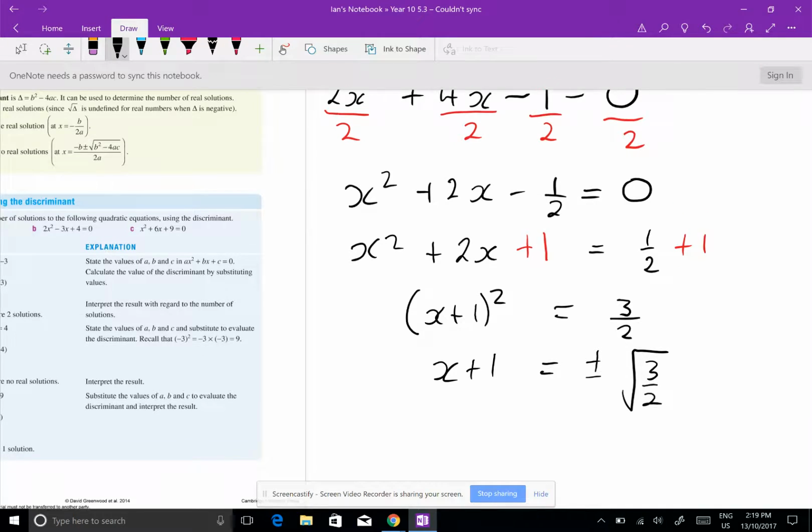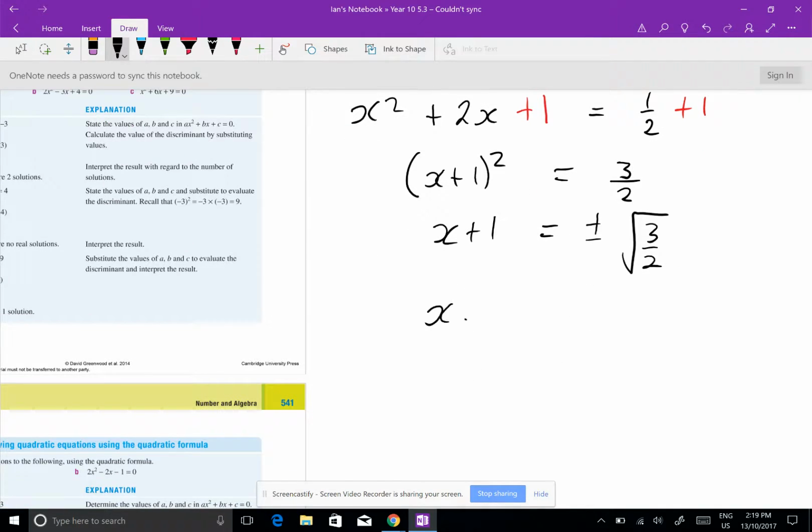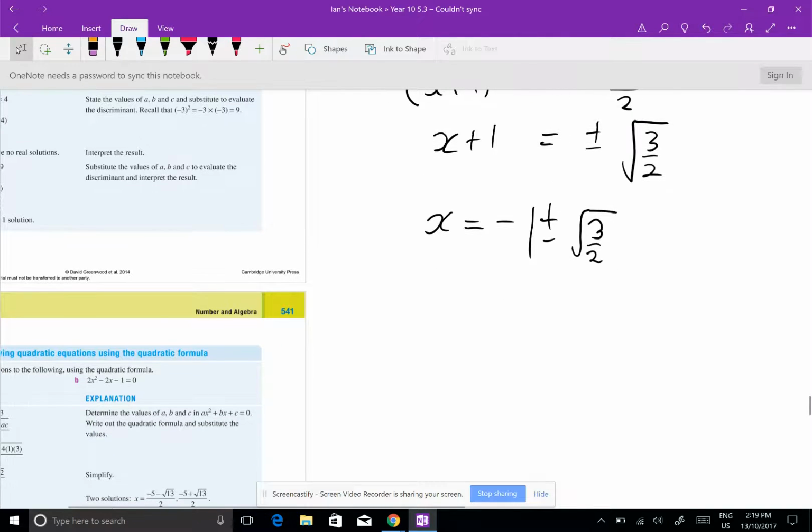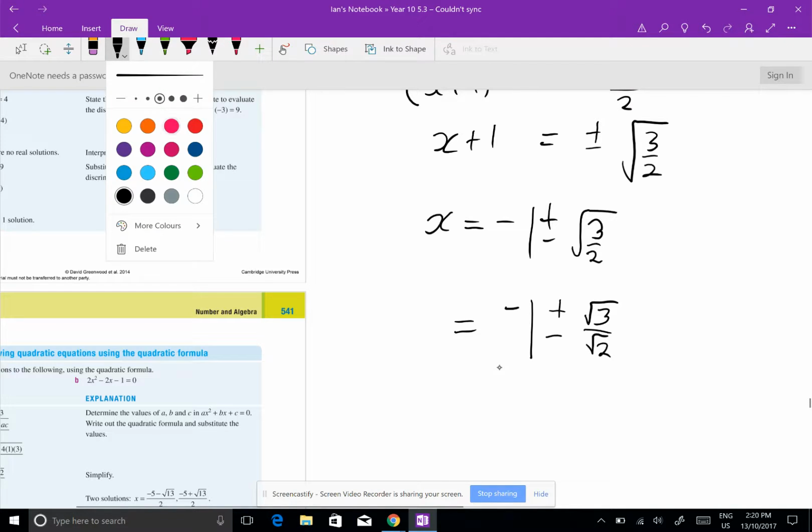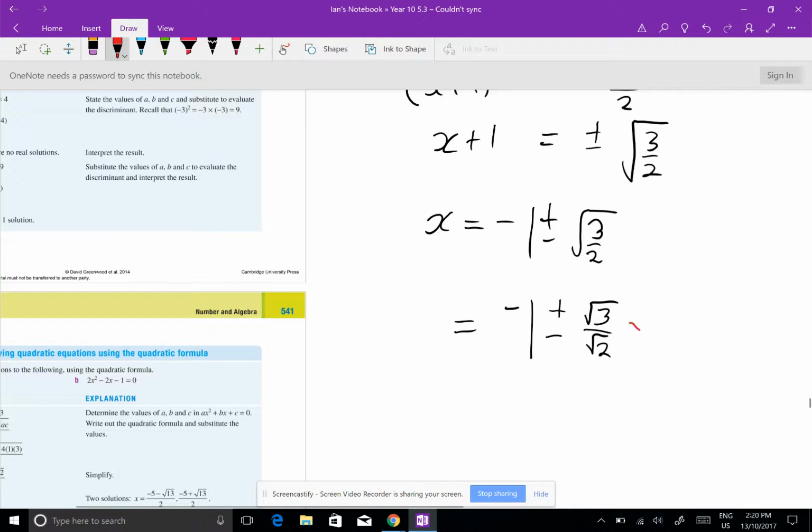Now, minus the 1. Now, I would be happy with that. But in the back of the book, they've rationalised that surd by multiplying that fraction by root 2 on root 2, which doesn't change it.